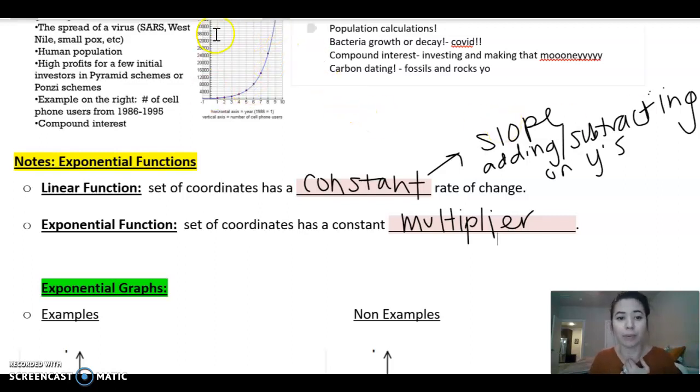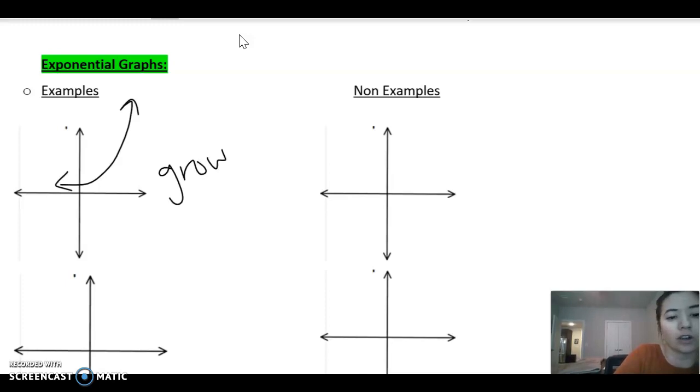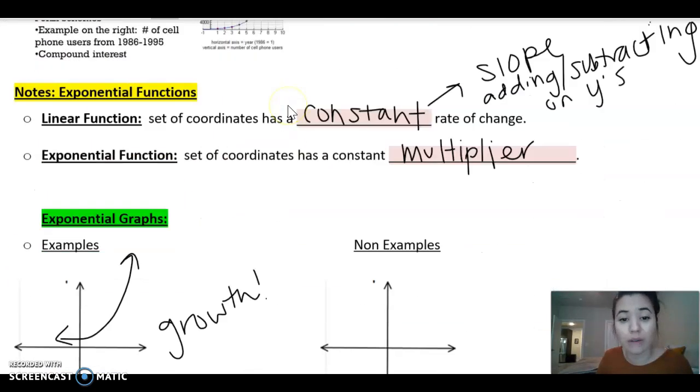You can see an example of a graph here. That one looks kind of like a J. Just for future purposes, we call this an exponential growth, because that y value is skyrocketing towards the sky and getting really large. Something is increasing, i.e. the number of people using phones increasing. This would be a growth.